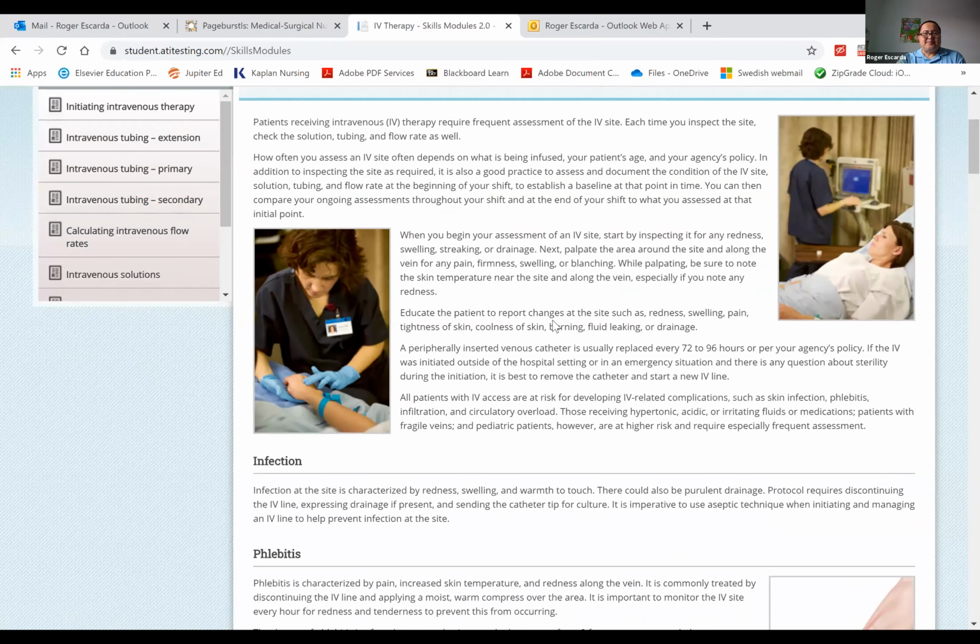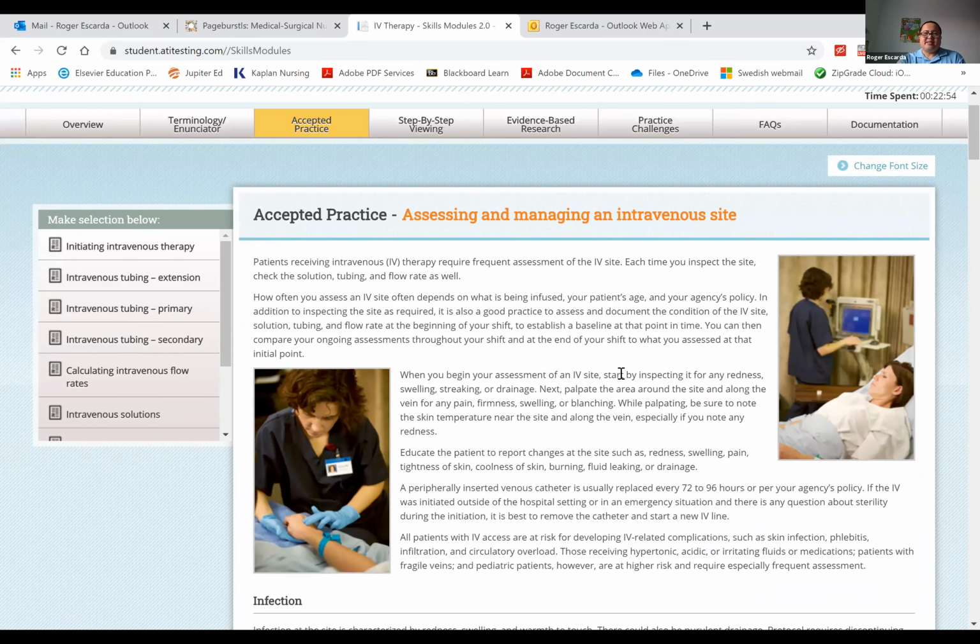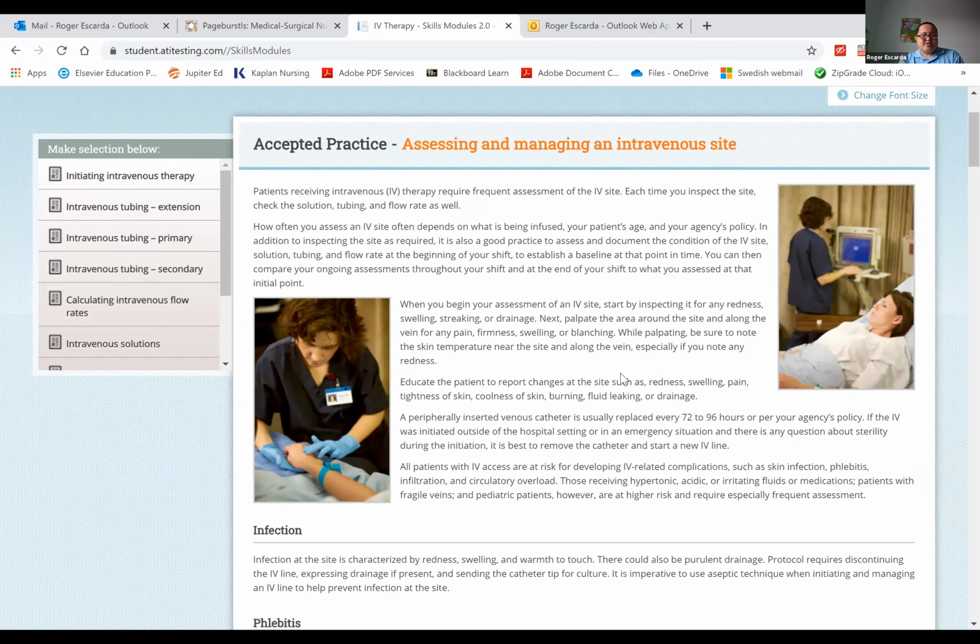So where is it now? Okay, assessing and managing. Frequent questions on skills-related tests are on maintenance. Routinely, IV access is good for anywhere between 72 to 96 hours.